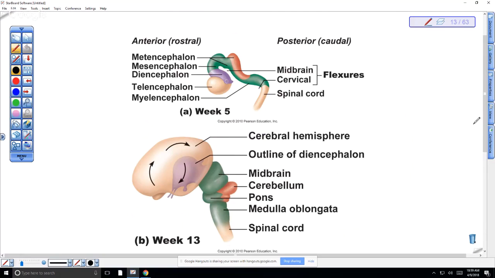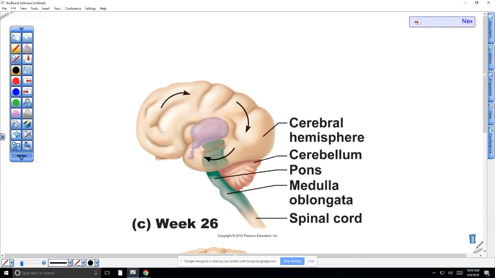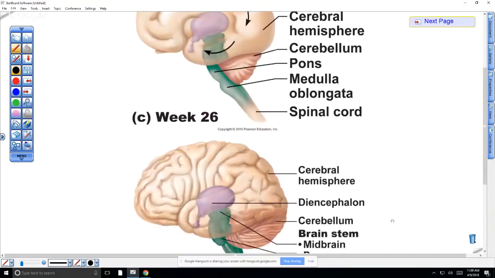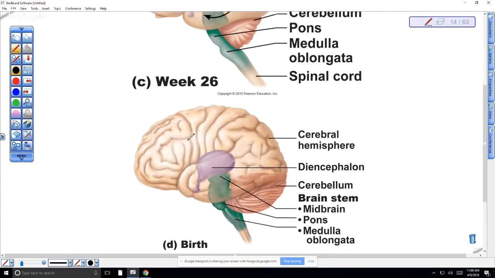And so that's why the midbrain in us, not in all animals, is in the middle of the cerebral hemispheres. And then something else really interesting happens in our brain that doesn't happen in all animals: our cerebral hemisphere starts to be convoluted so that it has ridges and grooves on it.